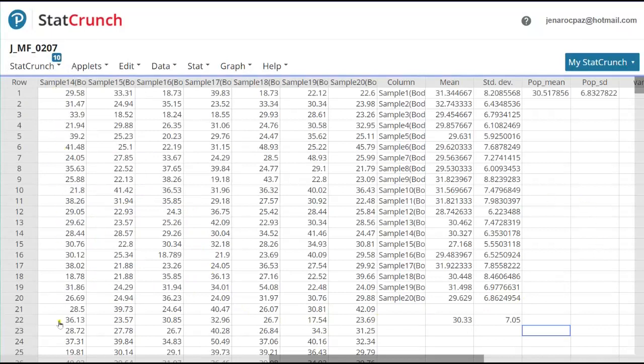If we have the complete population, the mean is 30.51 and the standard deviation is 6.83.